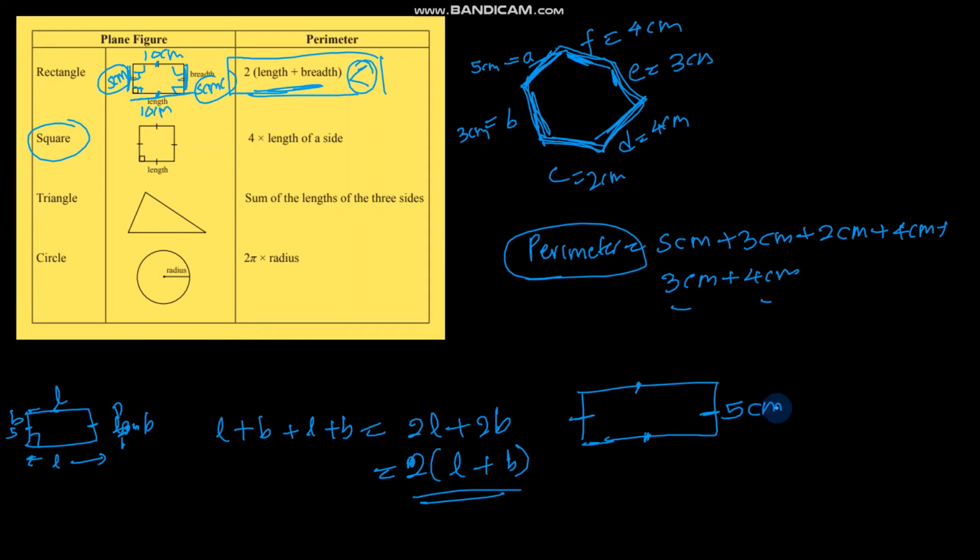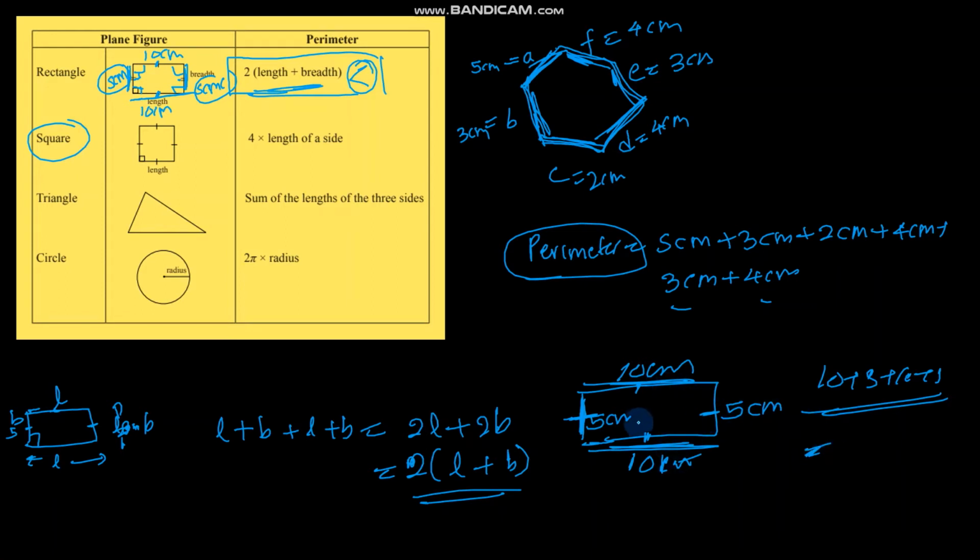If in your questions you are given the breadth as 5 centimeters, the opposite side is 5 centimeters as well. If the length is given as 10 centimeters, the opposite side is 10 centimeters as well. So you have to add all these sides, 10 plus 5 plus 10 plus 5. So this will become 30 centimeters altogether.